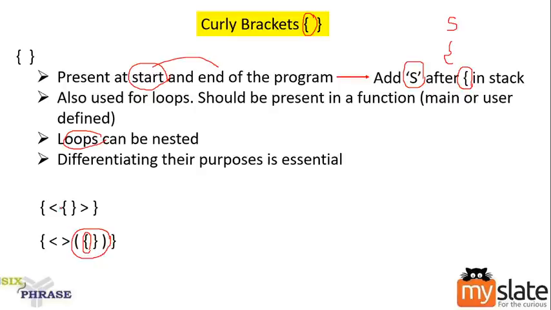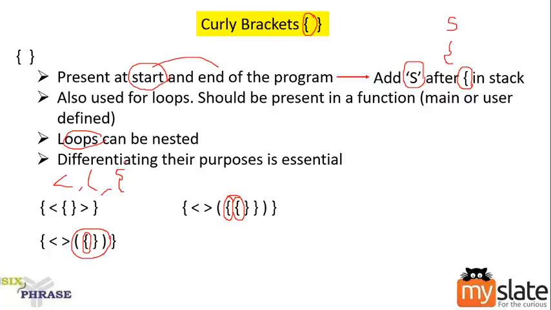A looping bracket can be present after an angular bracket, after a round bracket, and after another looping bracket also, because if it is nested, it will be present after another curly bracket. All these three are allowed.